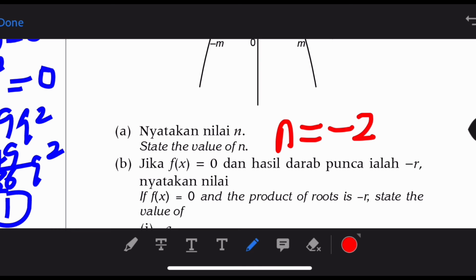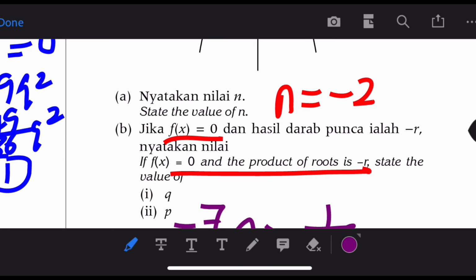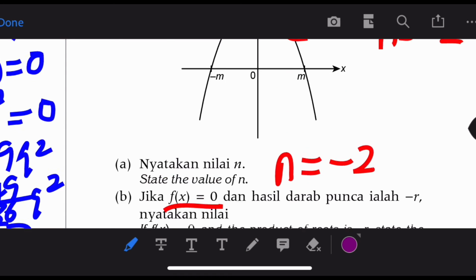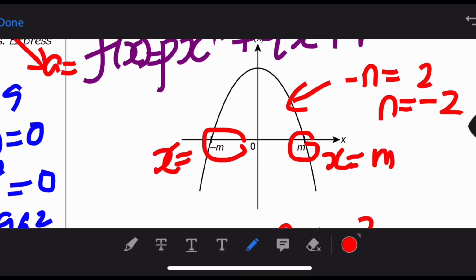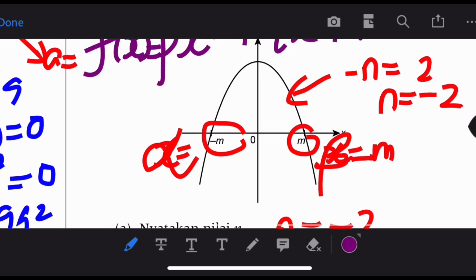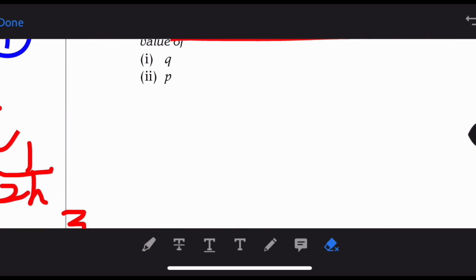If f(x) equals 0, the product of the roots is r. State the value of p and q. You must know that these are the roots, the x-intercepts. So we have two roots. We can call this alpha, this beta. So alpha is negative m, beta is positive m.